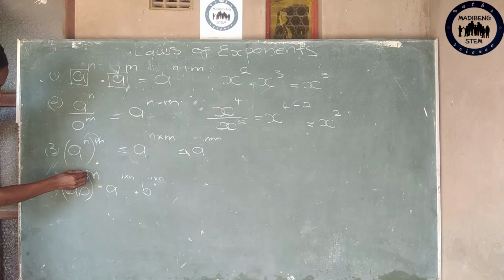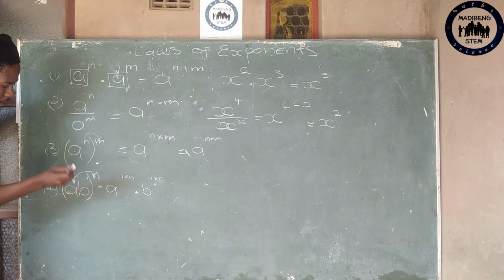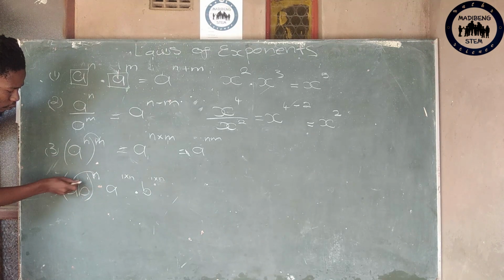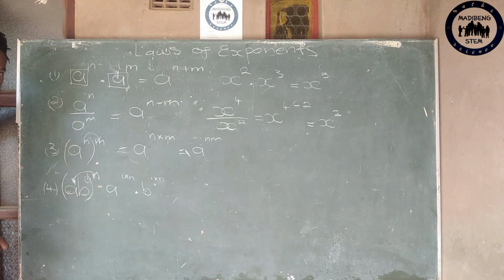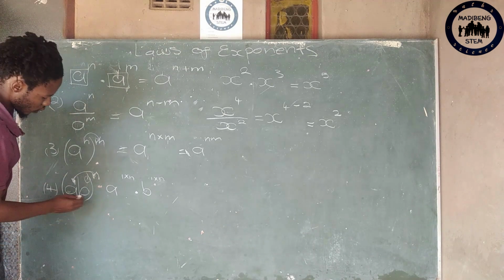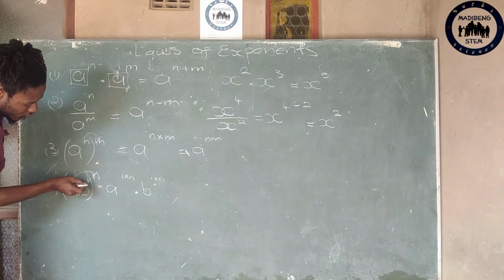So we distributed this exponent to both of our bases. We distribute it by multiplying this exponent with this n, and also multiplying this exponent of 1 with n. Because we have 1 here as an exponent, and we also have 1 here as an exponent.